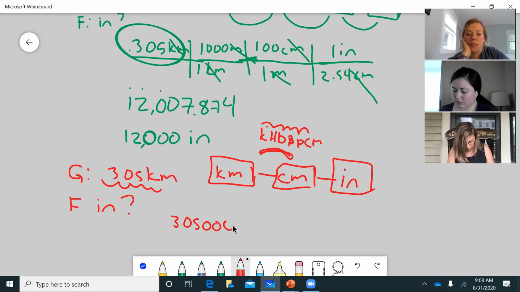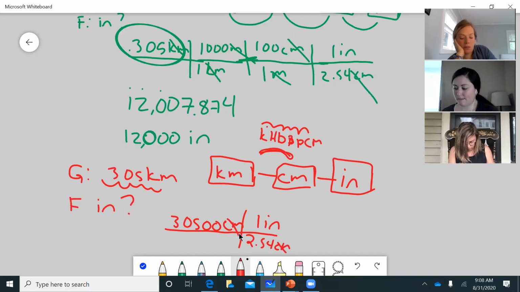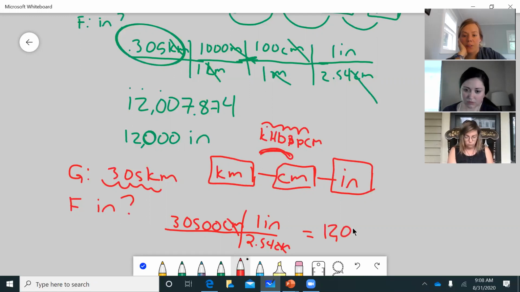That's in centimeters. And then the last step is to get it into inches. So for every 1 inch, I have 2.54 centimeters. Those will cancel. And we end up with the same answer.